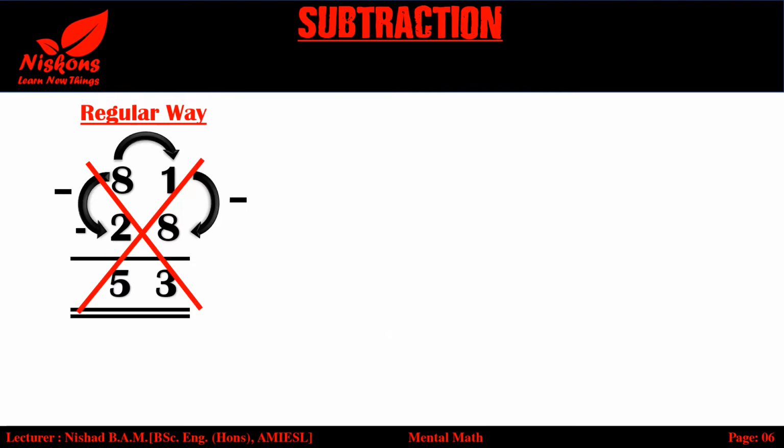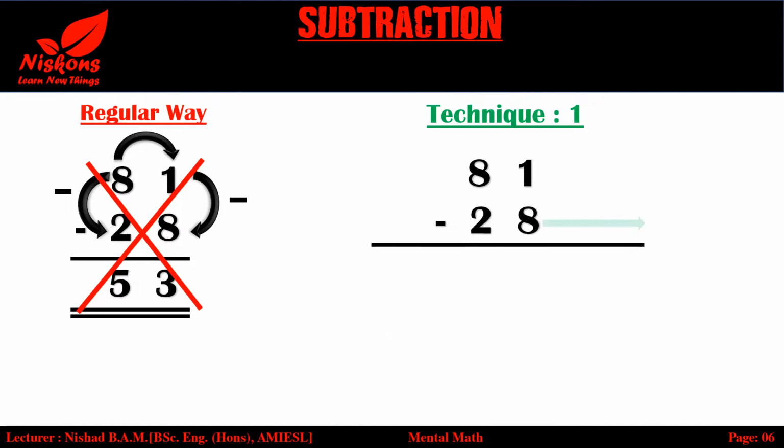So let us talk about a technique to solve this quickly. The same example, 81 minus 28. In this technique, I am going to make the subtraction an addition. For that, I am going to subtract 30.